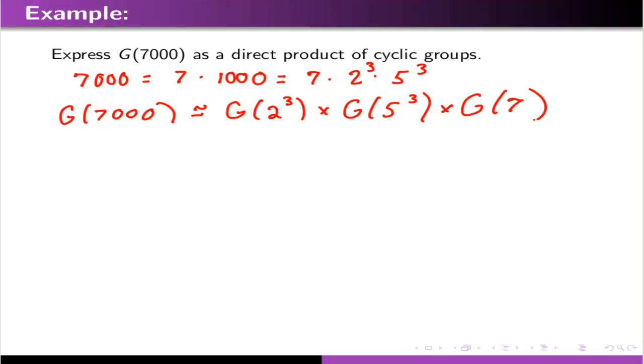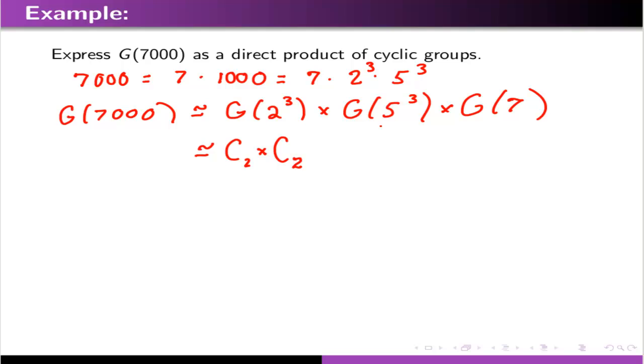And for the power of 2, it's 3. So this would be a cyclic group of order 2 crossed with a cyclic group of order 2. Right? There are 4 units. This is the negative 1, and this would be the group generated by 5.